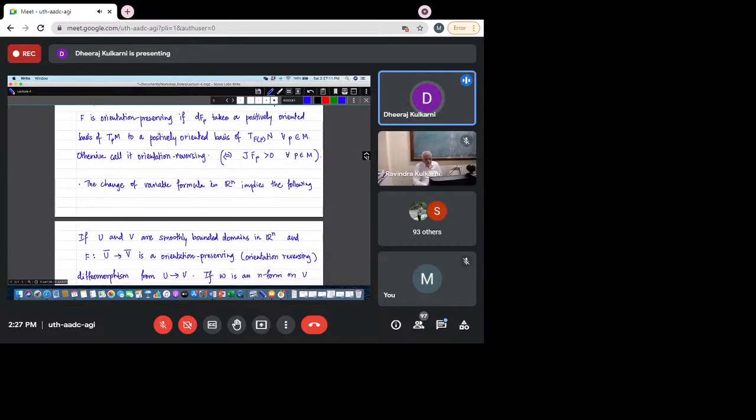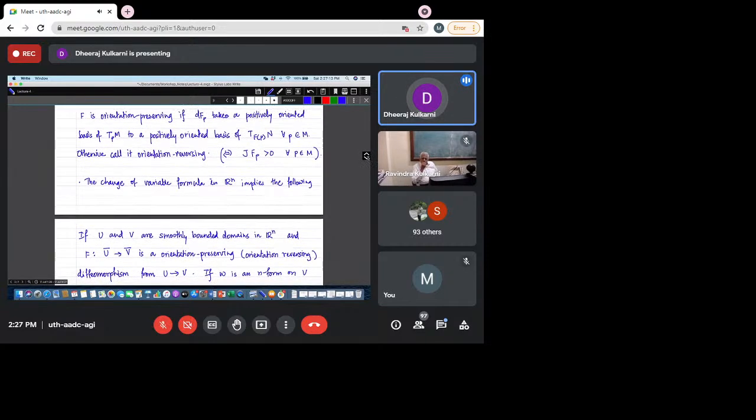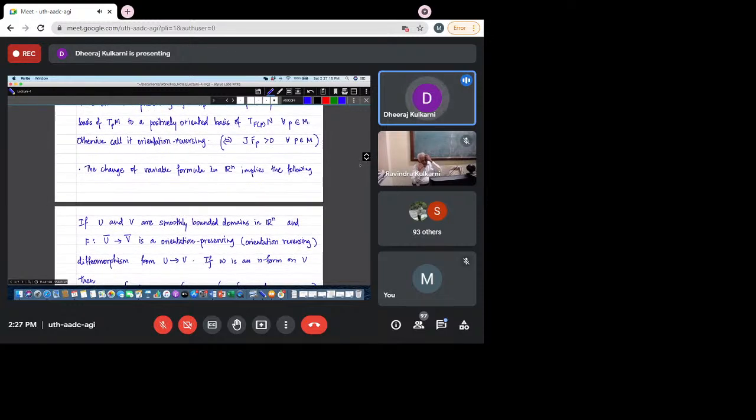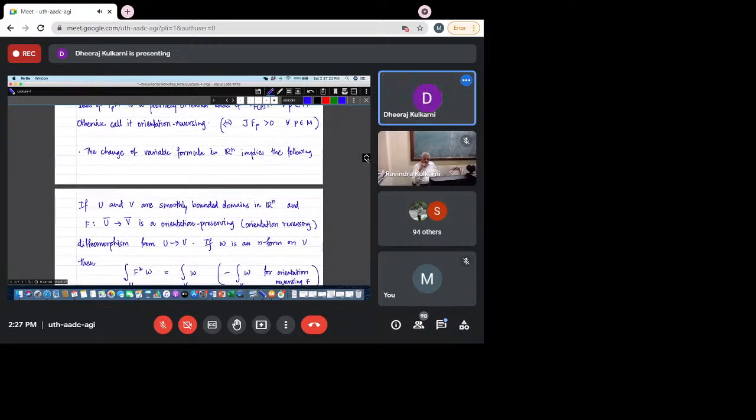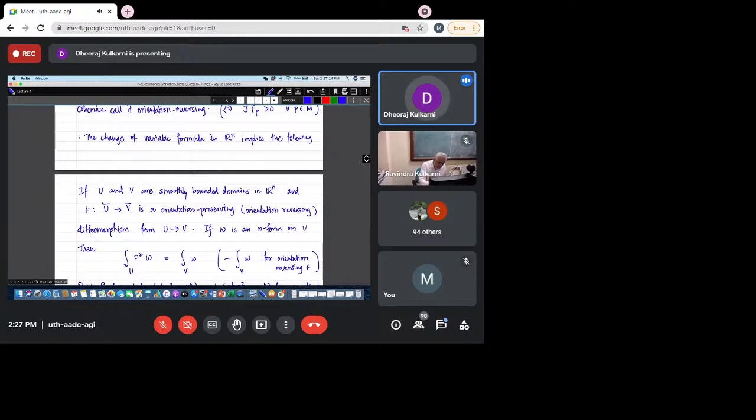So we will now extend this change of variable formula, taking into account the notion of orientation. Let us see what we get. If U and V are smoothly bounded domains in Rn, and F from U bar to V bar is an orientation preserving diffeomorphism from U bar to V bar.